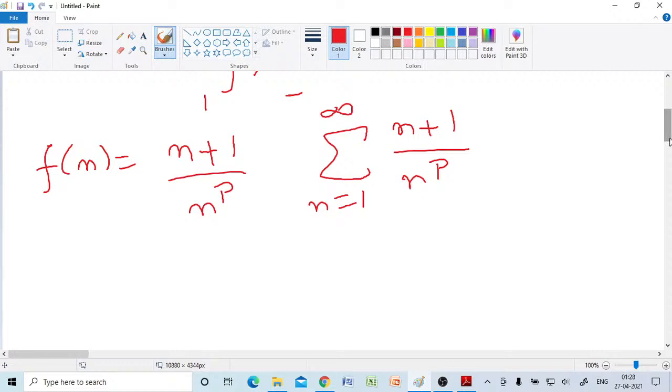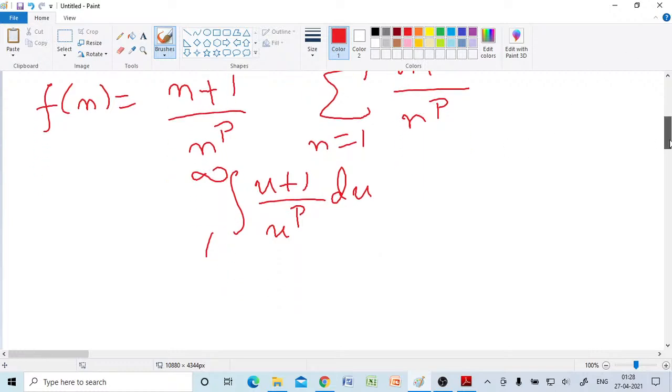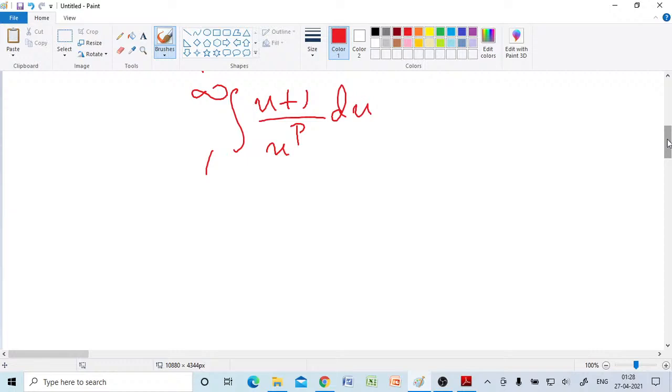So this thing will be convergent if the integral of x plus 1 over x to the power p dx from 1 to infinity is a finite number. Okay. So this is a very trivial integration. The integral from 1 to infinity of x to the power 1 minus p plus x to the power of minus p dx.